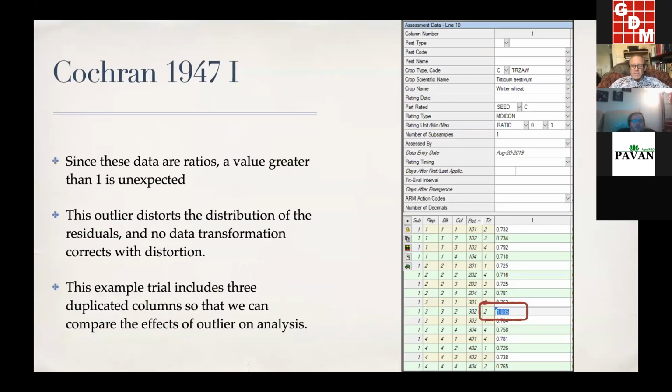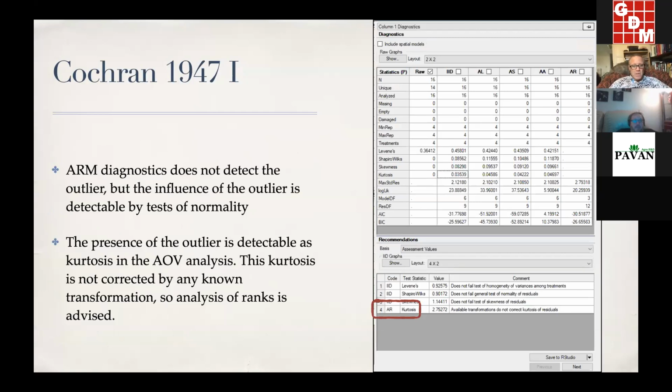So I think this really just repeats what I talked about just now with the trial file itself. The kurtosis is not corrected by a transformation because it's not due to some underlying property of the data itself.